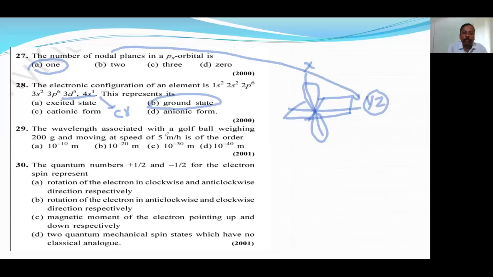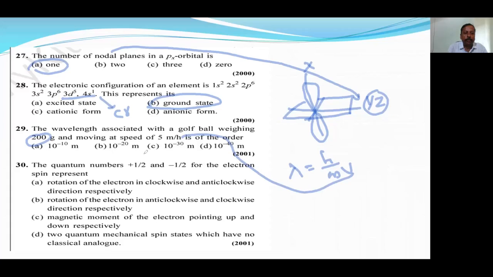Then the wavelength associated with a golf ball of 200 grams. So lambda is equal to h upon m into v. Mass is given as 200 grams, velocity is given as 5, and here you have to be very careful. It is given in meters per hour.